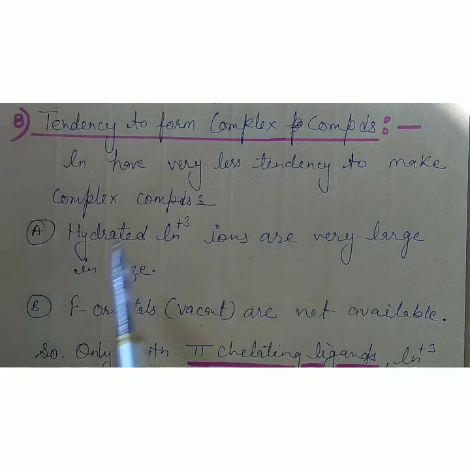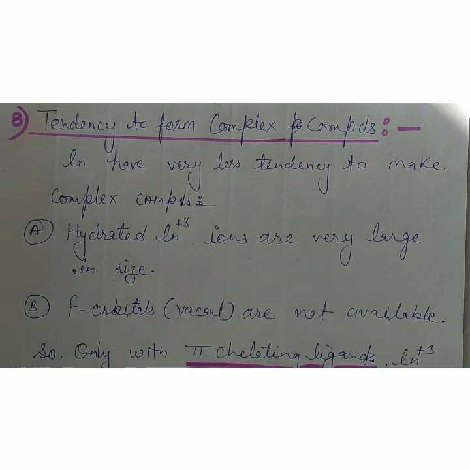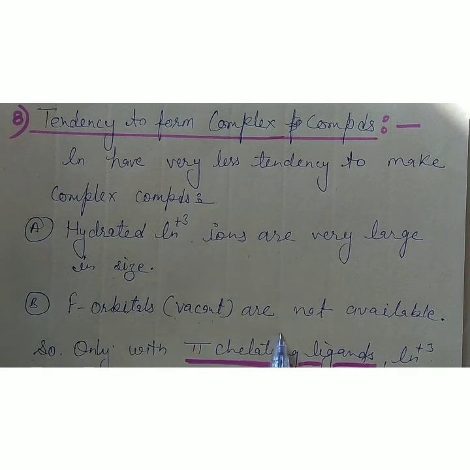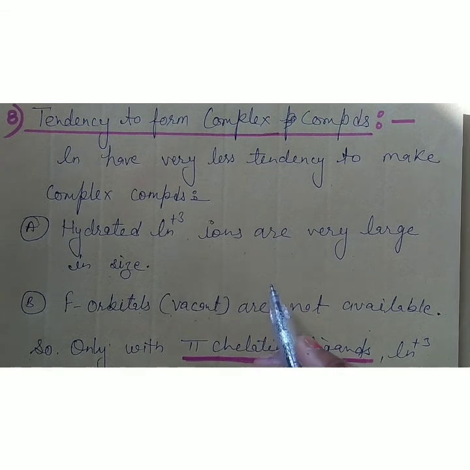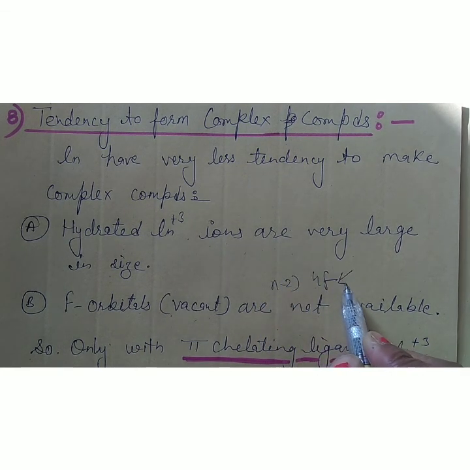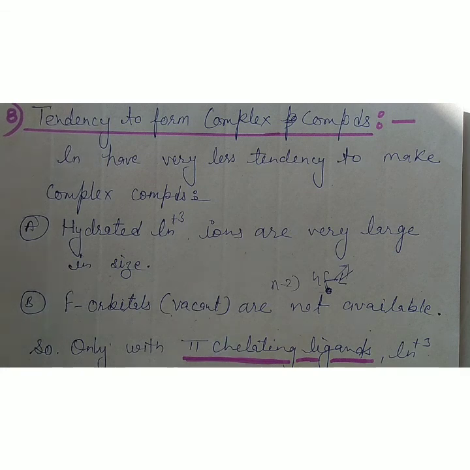But in lanthanides, the hydrated Ln3+ ions are very large in size, so they can't strongly attract the ligands. And vacant f orbitals are also not available, because the (n-2) 4f orbitals are very strongly attracted by the nucleus, so these are not available to take electrons or to make a coordination compound for complex formation.